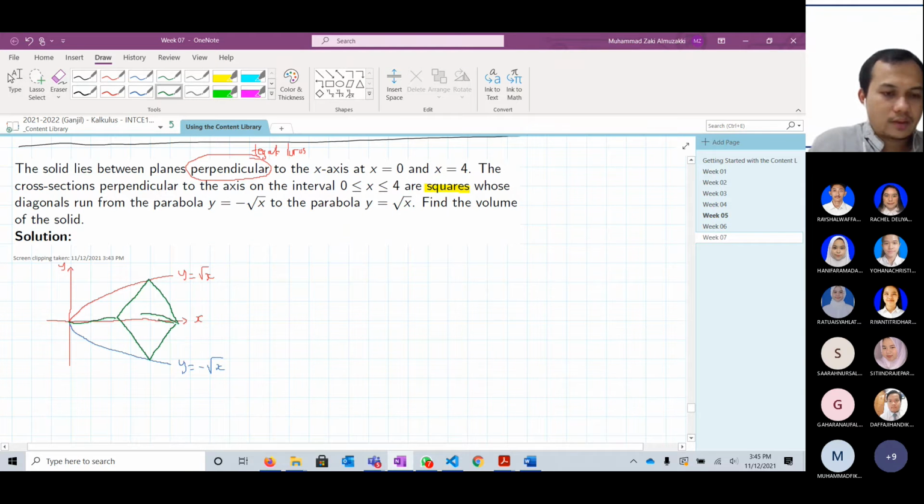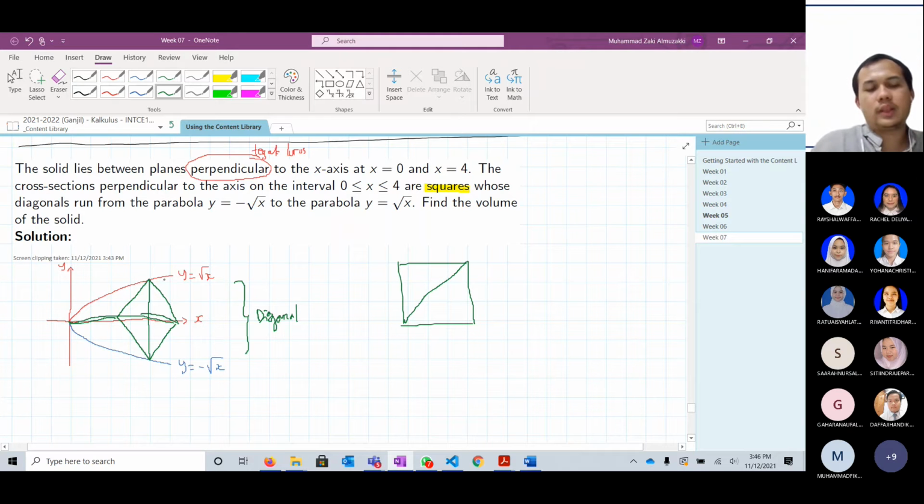I don't know if this is visible, but okay, anyway. And we have that the diagonal is here. Yeah, this is the diagonal. So if we take a square, and this is the diagonal, it runs from minus square root of x to square root of x. Then the diagonal is basically 2 times square root of x. And what are the sides?